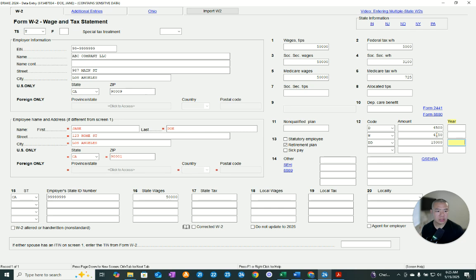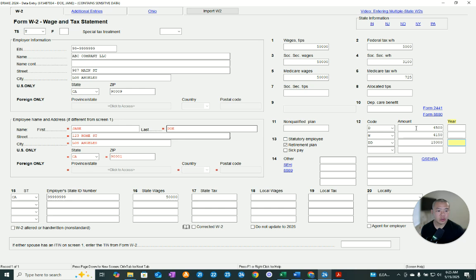This one is an HSA, which I guess is also a deduction. And like I said, these numbers might not exactly agree, because this should be a deduction, this should be a deduction, and it should be different from the Medicare and wages. But I just put this in here to let people know there are different codes that are part of the W-2 that could affect the taxes.